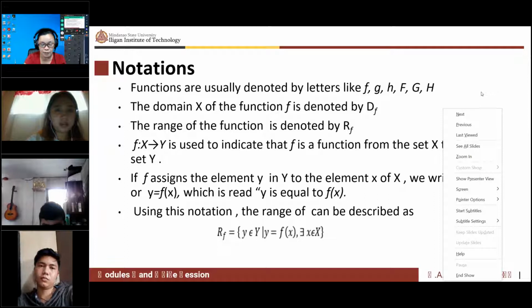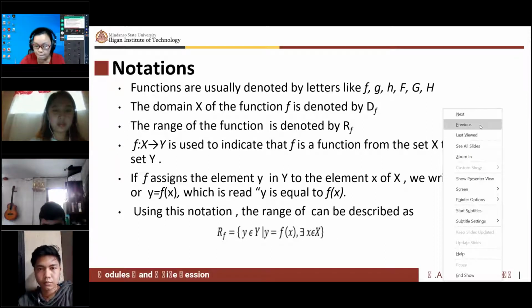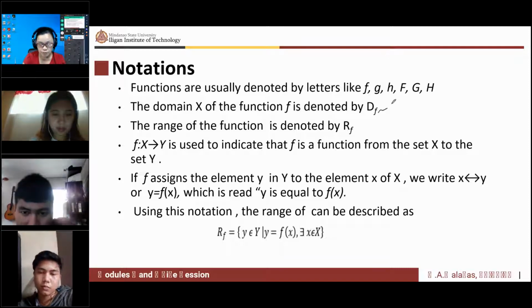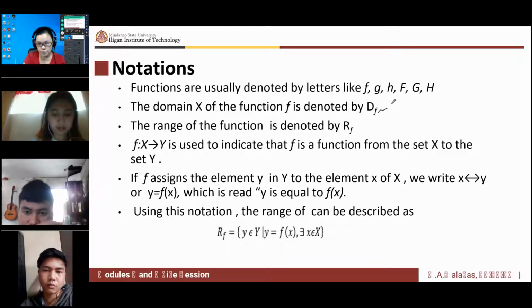Now, the domain X of the function f is denoted by d sub f. I want to use the pen, so I'm all right. So we can use the notation d sub f, this one. The subscript refers to the function we are referring to.